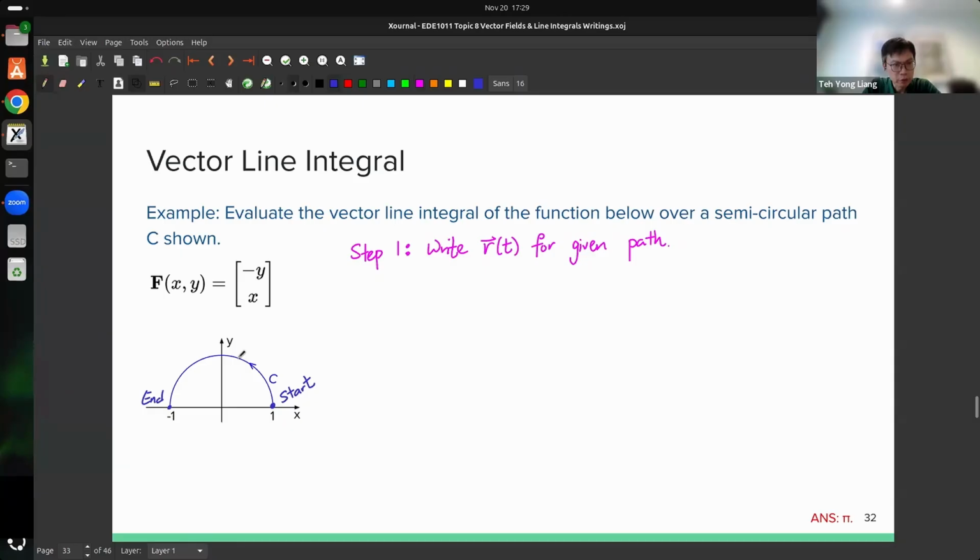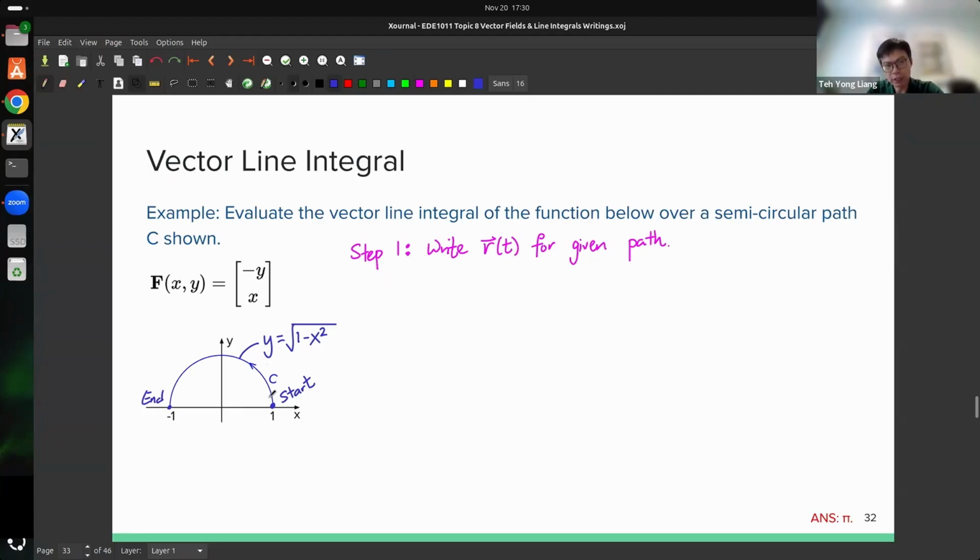So what's the thing about the unit circle? This upper half of the circle must be y equals square root of 1 minus x squared. So obviously, you can parameterize this path using this expression.